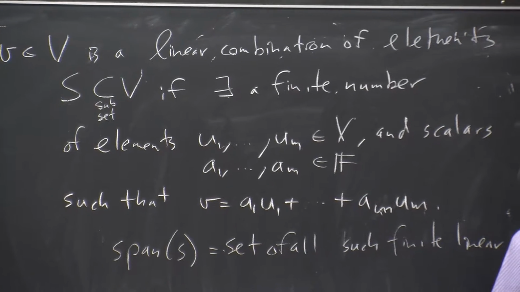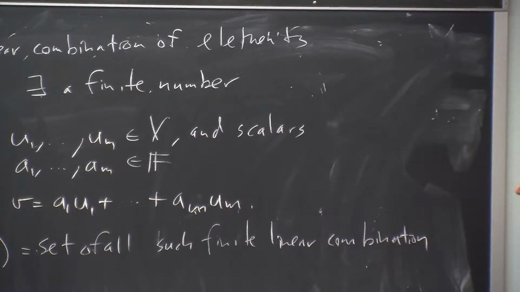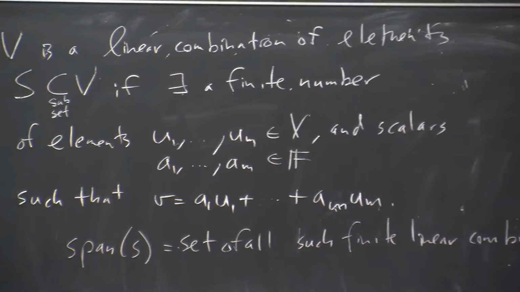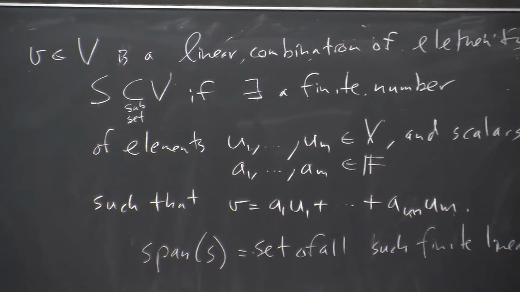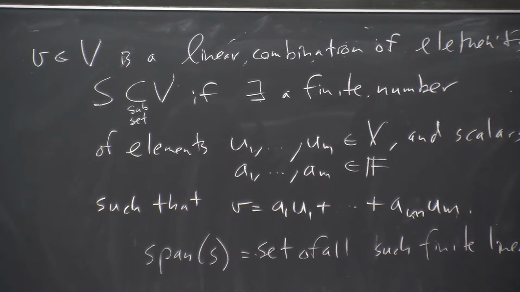As long as we only talk about finite things, we can make a choice of finitely many vectors in our linear combination. It still makes sense to say that.